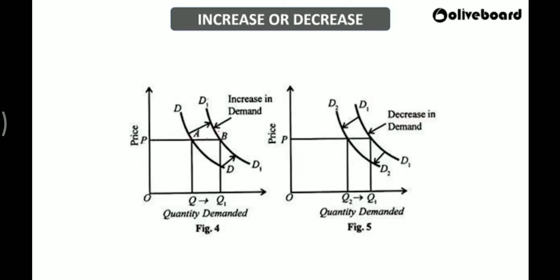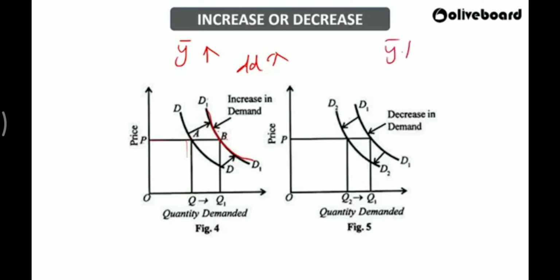The price remains the same. Other factors are changing, so your demand is increasing or decreasing. When your income increases, definitely your demand increases. Yes or no? The price remains the same, but you demand more. So what is happening to your demand curve? It shifts rightwards. So it is called increase in demand.